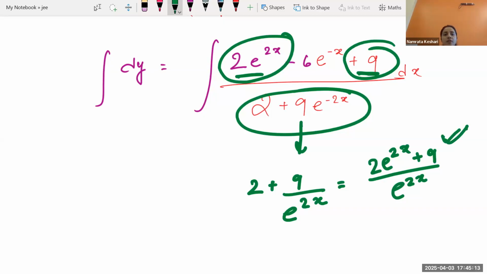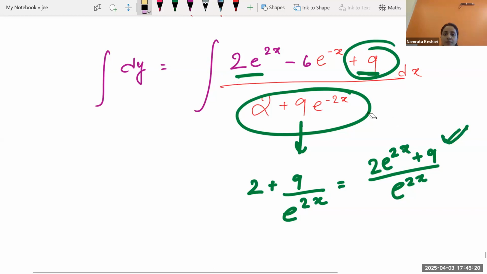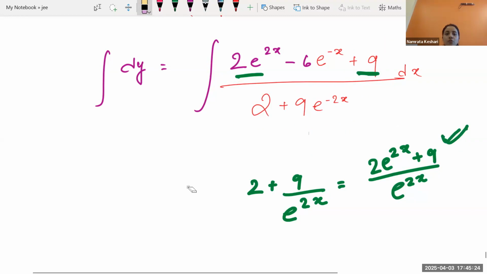It is sorted already, but again we are having e to the power minus x and all. We will see what can be done. So for now, I am going to write it this way.